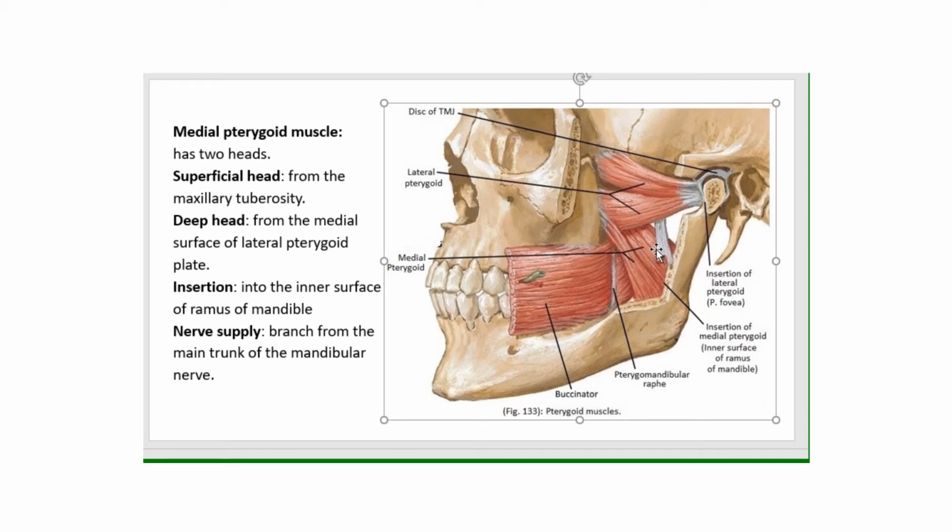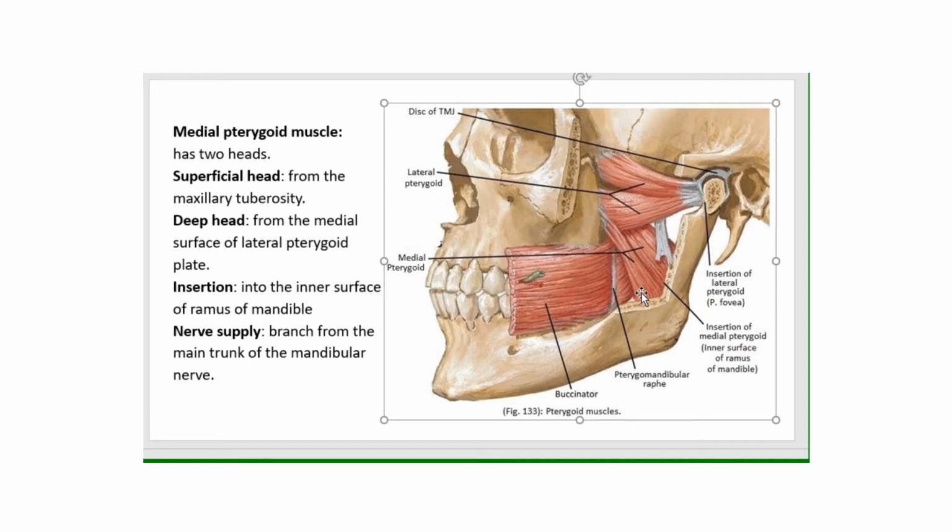The medial pterygoid has two heads, the superficial head and the deep head. The superficial head of medial pterygoid takes origin from the maxillary tuberosity. The deep head takes origin from the medial surface of lateral pterygoid blade.